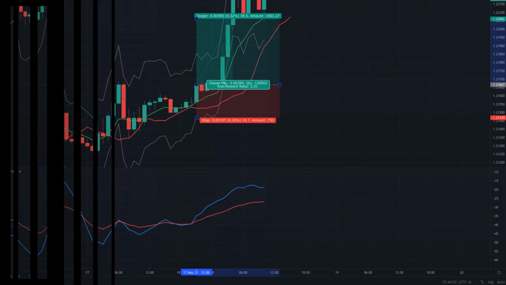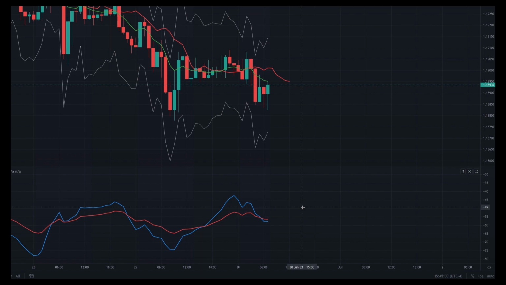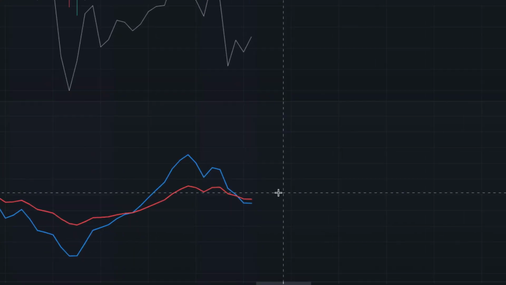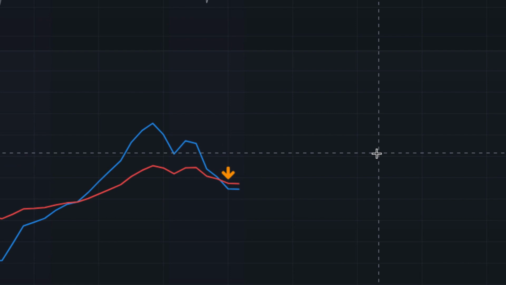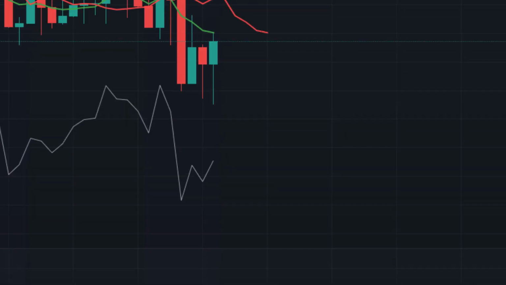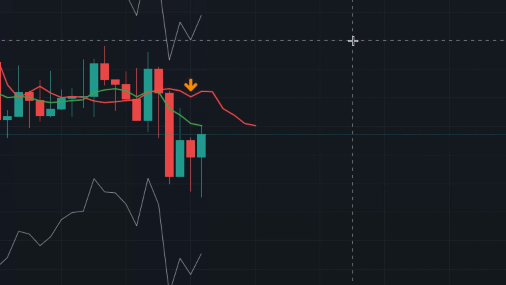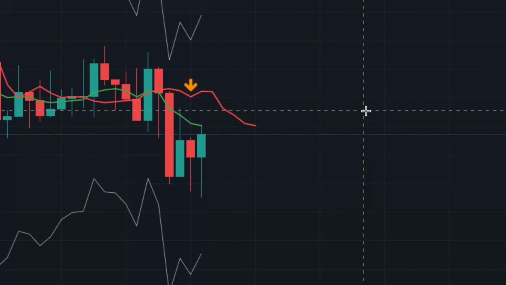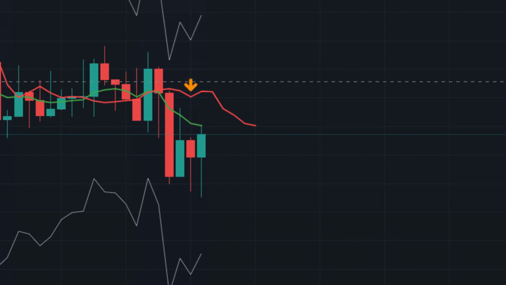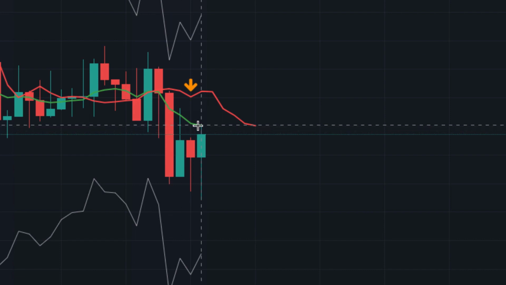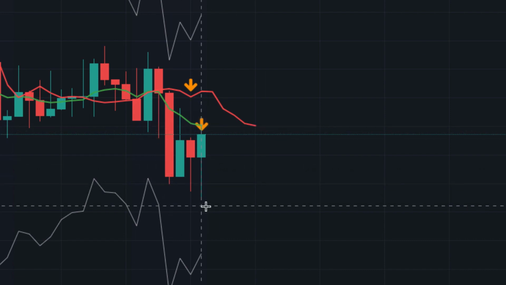Now let's flip to shorts. For shorts, we're looking for the exact opposite of longs. We're looking on the Williams oscillator for the blue line to be below the red line. On the moving averages, we're looking for the green line to be below the red line with daylight in between. We're looking for price to close below the green line. And everything happens on this candle right here.